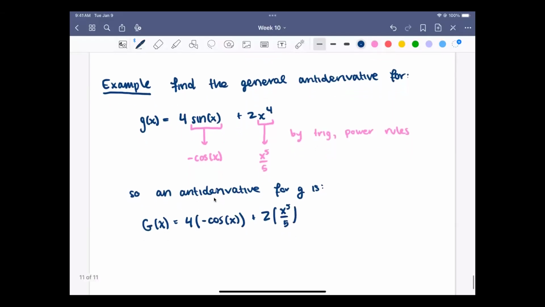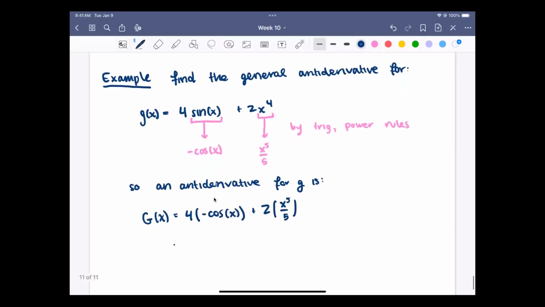Simplifying this, it will be minus 4 cosine x plus 2/5 x to the 5th. Then the general antiderivative would just be, all I need to do is add any constant to this.